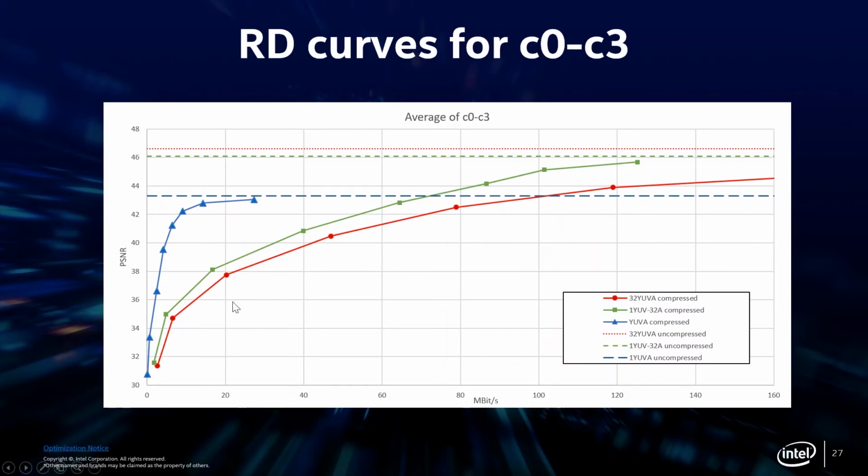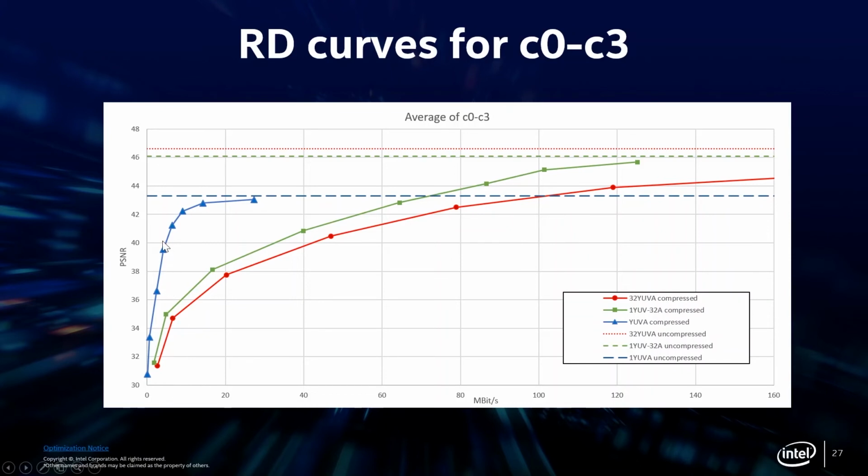So let me walk this through in a different way. If I want to achieve a PSNR quality value of, say, 40, I can look at where the dotted line intersects here, and I look down and I can see that's running about 5 to 6 megabits a second.